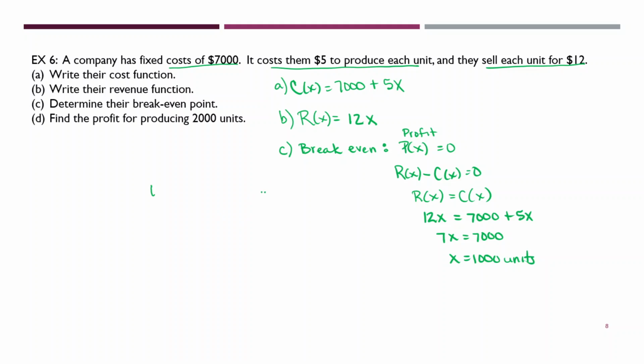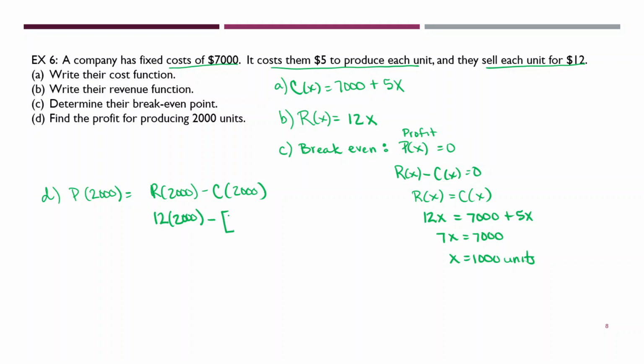Okay, and then finally, for part D, the profit of 2,000 is going to equal the revenue of 2,000 minus the cost of 2,000. Okay, the cost is all the outgoing money that the business has. The revenue is all the income that the company has. And the profit is what is left over. So the revenue at 2,000 is going to be 12 times 2,000.